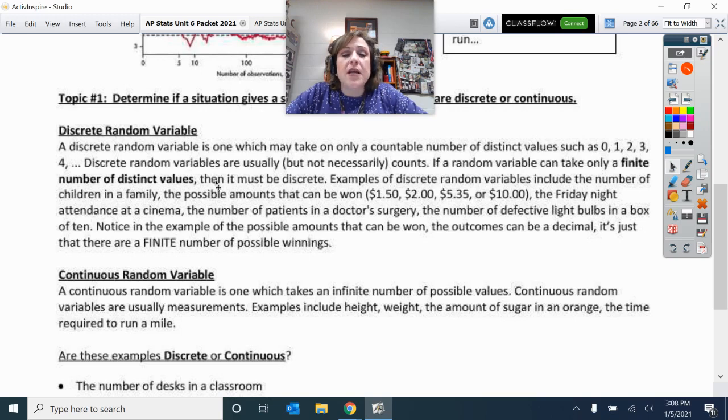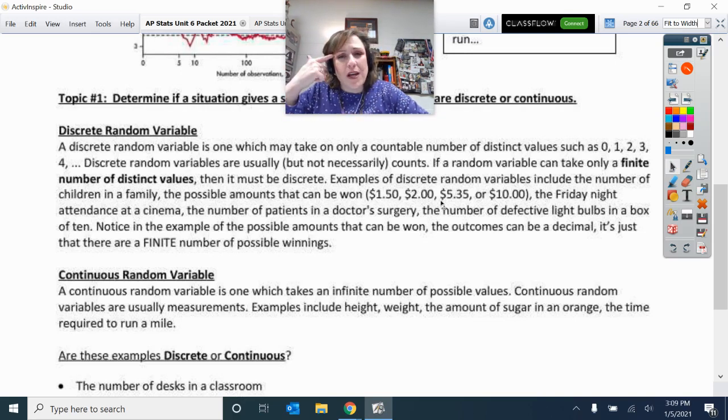Or you have enough spaces. So another example of a discrete random variable could be the amounts that can be won in a game. $1.50 could be won, $2, $5.35, or $10. See, even though I have decimal values, I still have 4 possible outcomes. A discrete, countable, finite amount of outcomes.